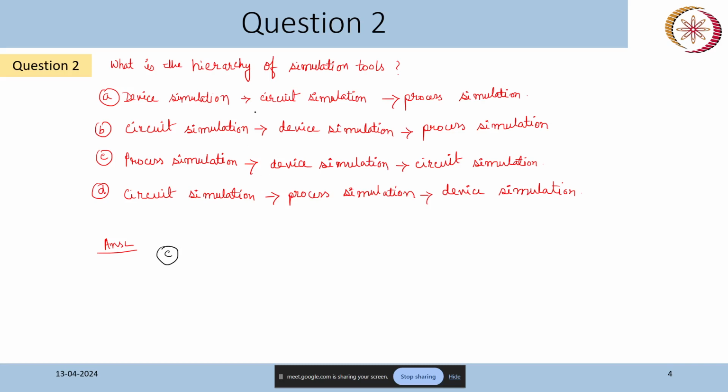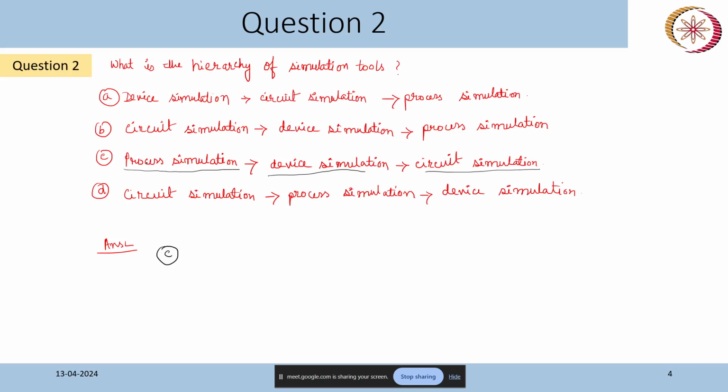So the simulation tools are used in this order. First process simulation is done, then the device simulation, and then the circuit simulations. The process simulation is basically based on what we can achieve, like what doping concentration we can achieve, what dimensions we can achieve.